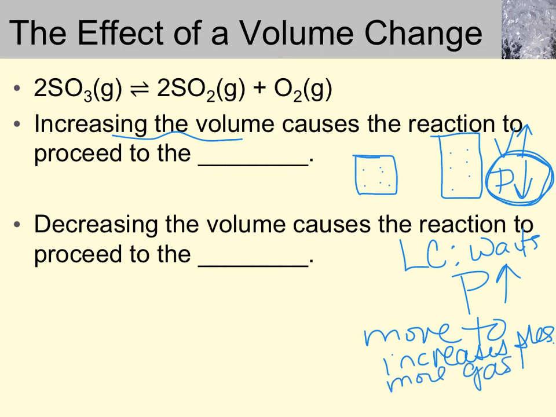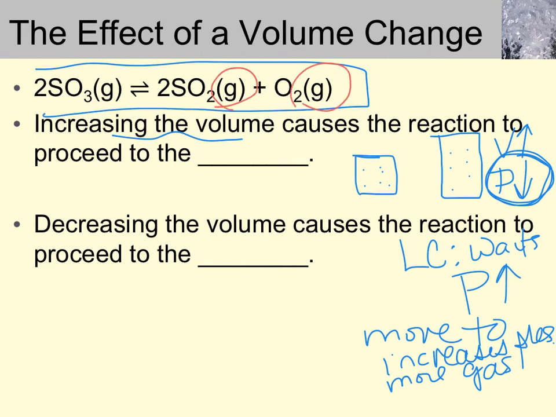Okay, so let's go ahead and look at this reaction and count the gas molecules on the reactant and product side. So everything's a gas in this reaction. That won't always be the case, so pay close attention to the phases. So we have 2 plus 1, we have 3 gas molecules on the product side, and we have only 2 gas molecules on the reactant side.